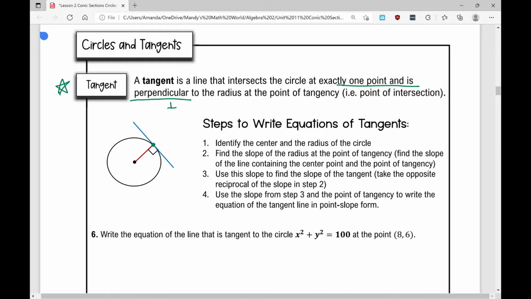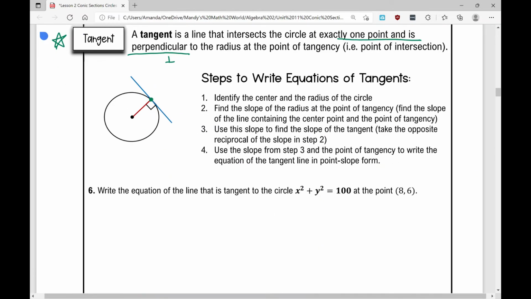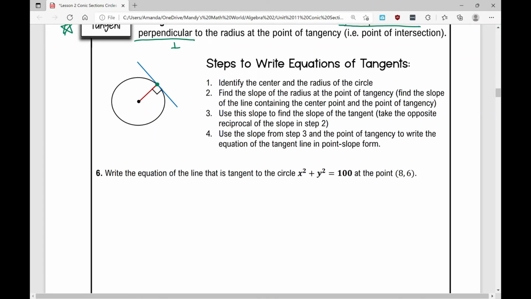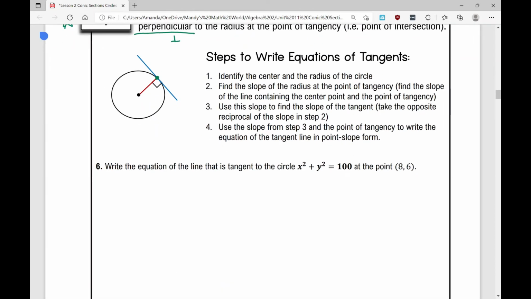Okay, so here's your steps to write equations of tangents. I'll let you refer to these steps as you're working through this, but let's do each one at a time. The first thing that we're going to do whenever we're writing equations of tangents is identify the center and the radius of the circle.